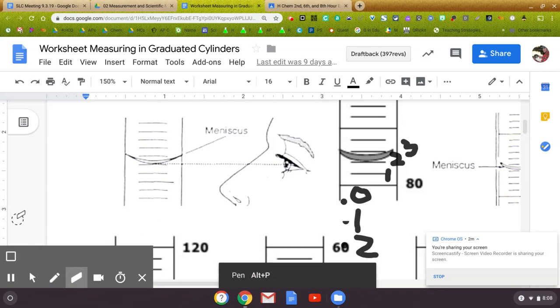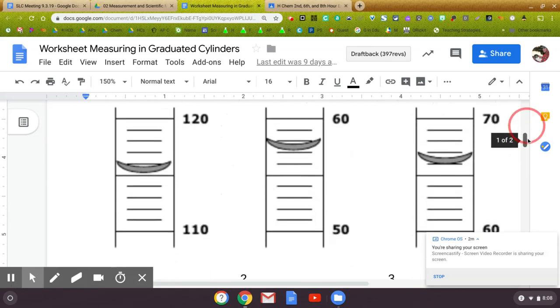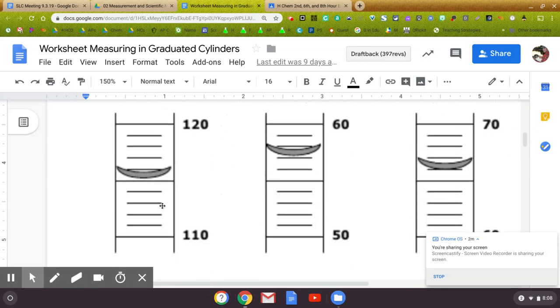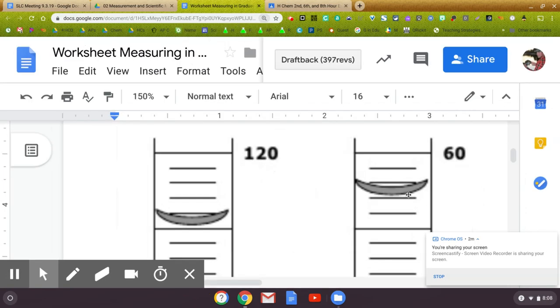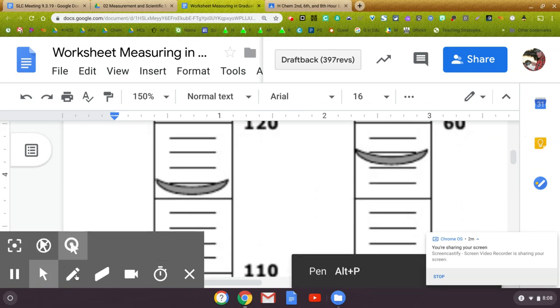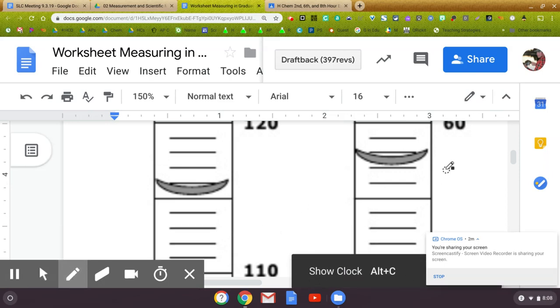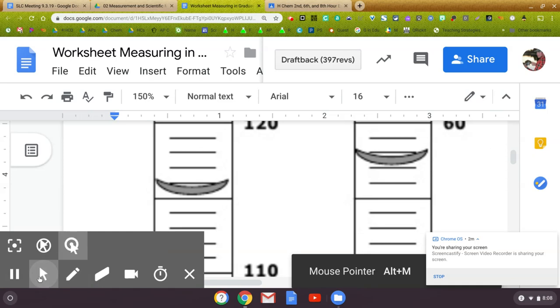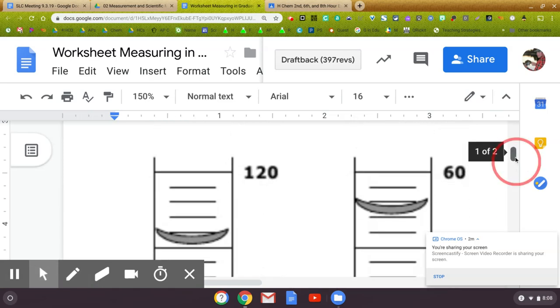So if we look at some other examples further down on the sheet here, we're going to see one where we have to do a bit more estimating. So now I have the benefit of being able to zoom in on the actual screen. You don't have that benefit when you're looking at an actual graduated cylinder, but getting eye level with that meniscus and getting close to it is important. So if we take a look at our actual meniscus here, on our device, we know for sure the 50 and we know for sure the 60.